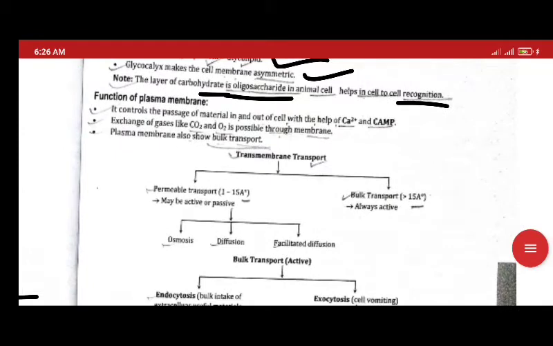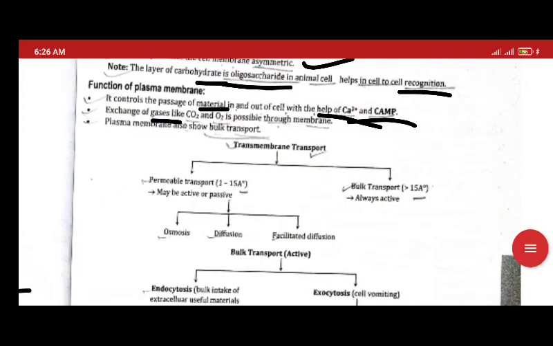Now the function of the plasma membrane: it controls the passage of material in and out with the help of calcium and cAMP. There is also exchange of gases, CO2 and O2, through the membrane.